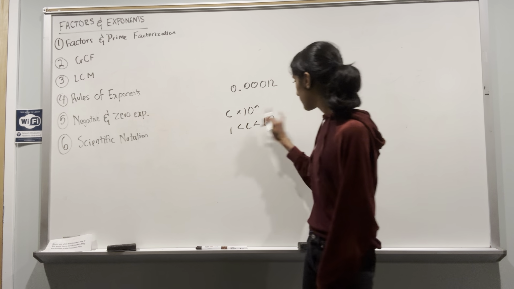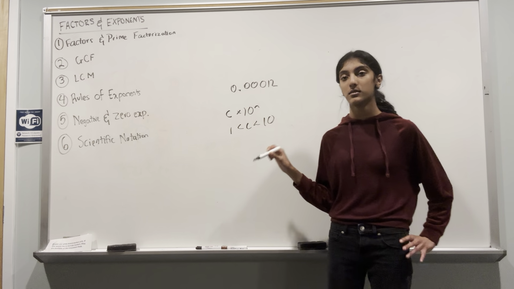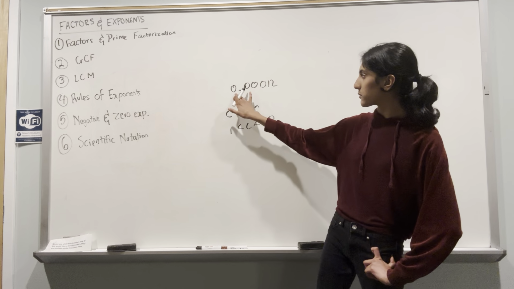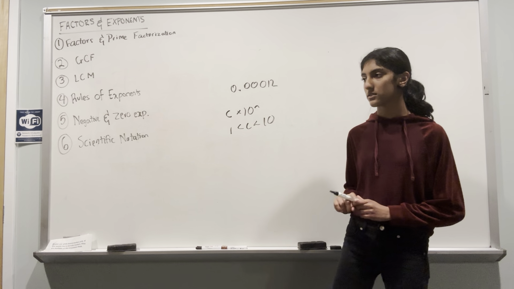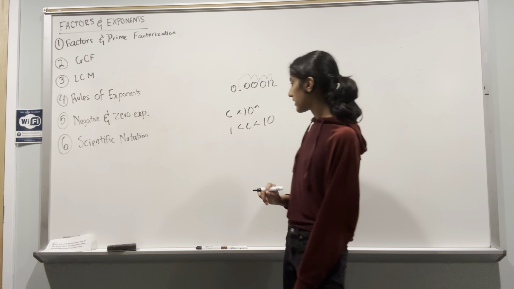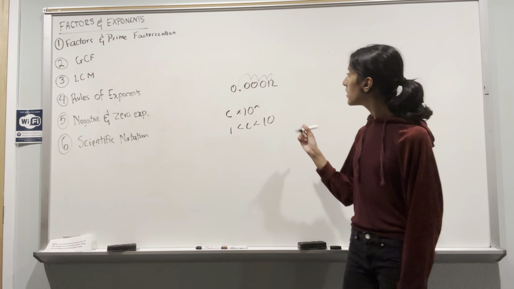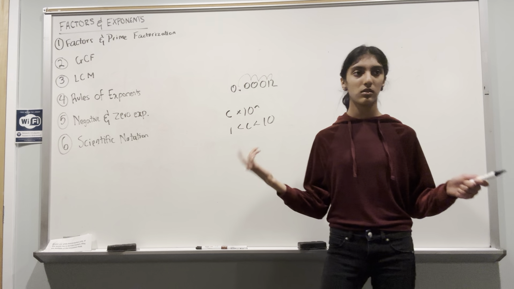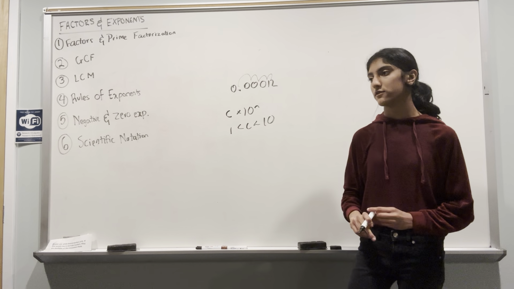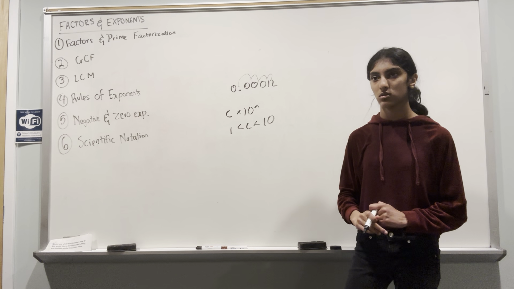I wrote the numbers wrong. So it needs to be between 1 and 10. And if I'm looking at this number, my goal is to actually move the decimal in order to get something between 1 and 10. So what number would I eventually result in after I move the decimals? Go ahead.